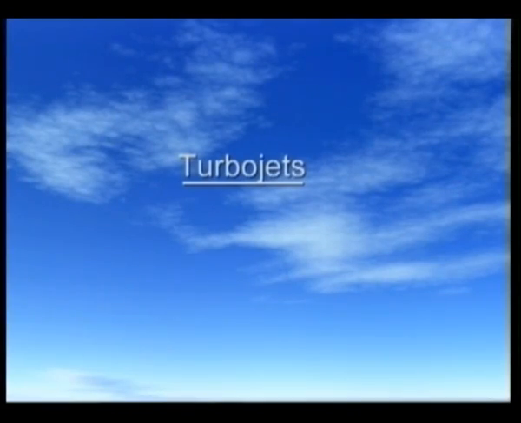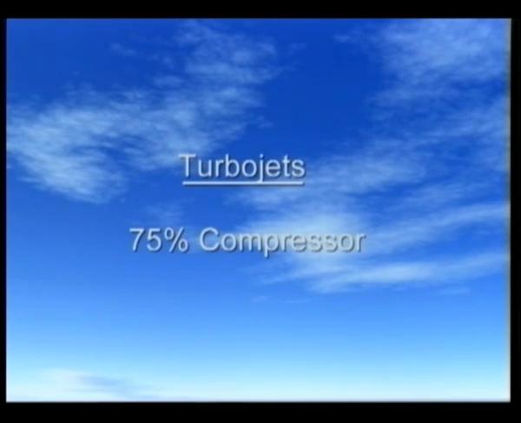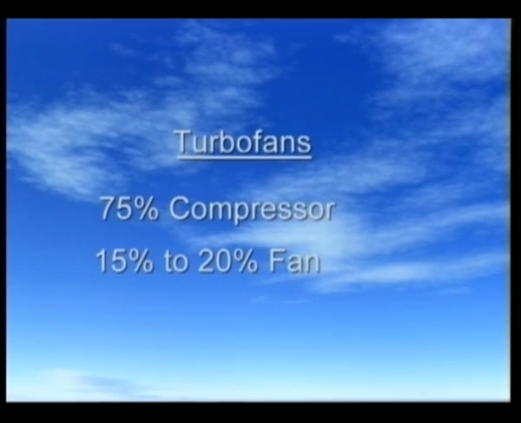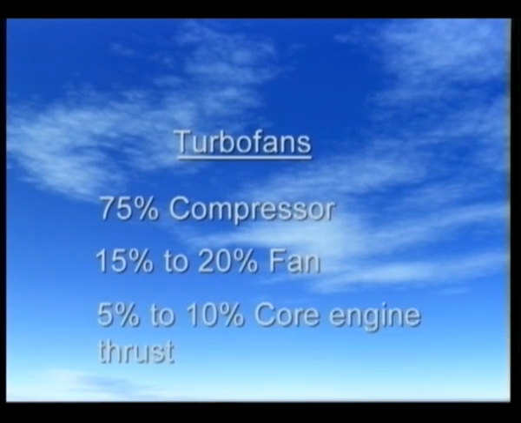Turbojets: approximately 75% drives the compressor and 25% produces the thrust. Turbofans: approximately 75% drives the compressor and 15 to 20% drives the fan to produce fan thrust, and the remaining 5 to 10% produces core engine thrust.